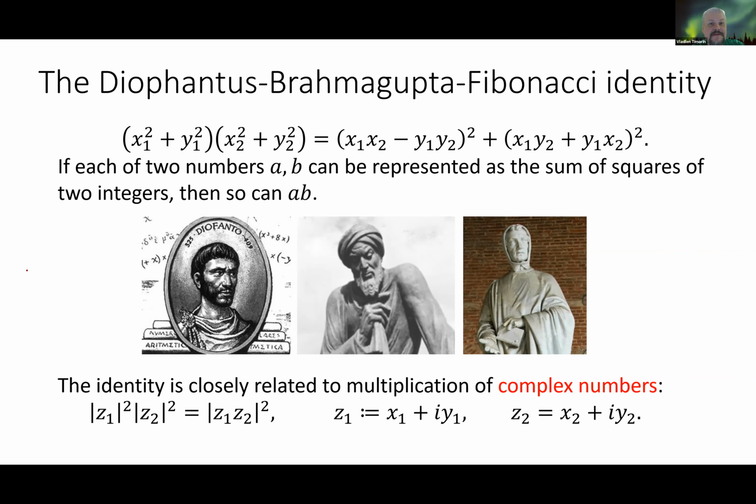Diophantus lived in the 3rd century, Brahmagupta in the 7th century, Fibonacci in the 13th century. But they all independently came up with the following formula.